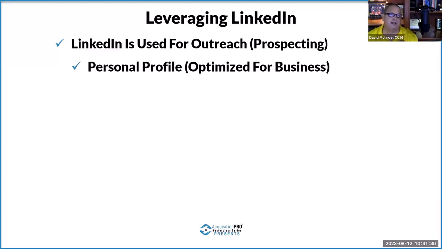Okay, so first thing you got to do is you need to optimize your personal profile for business. Okay, if you're a nurse practitioner and your LinkedIn profile is all about you being a nurse practitioner and you have nothing in there about real estate investing, you need to do one of two things.